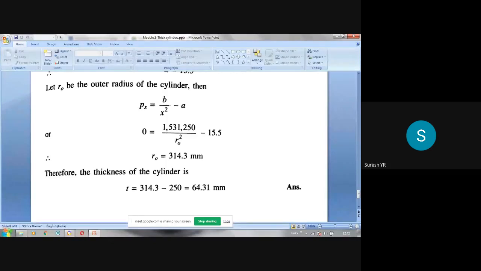And next I covered thick cylinders, both derivations as well as problems. Now still some more is left. That is the graphical method of finding the major and minor principal stresses, which I will discuss later. That is called the Mohr circle method. Then two theories of failure I have to explain. That is only theory, so that also I will take up later.